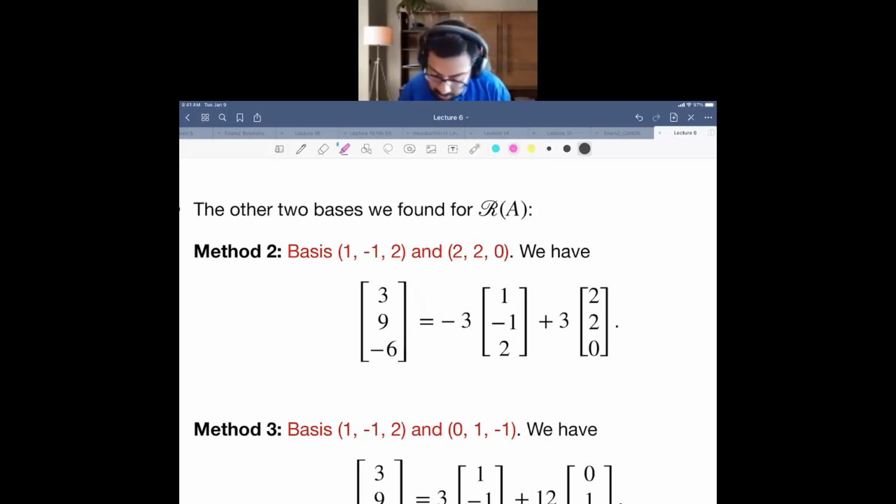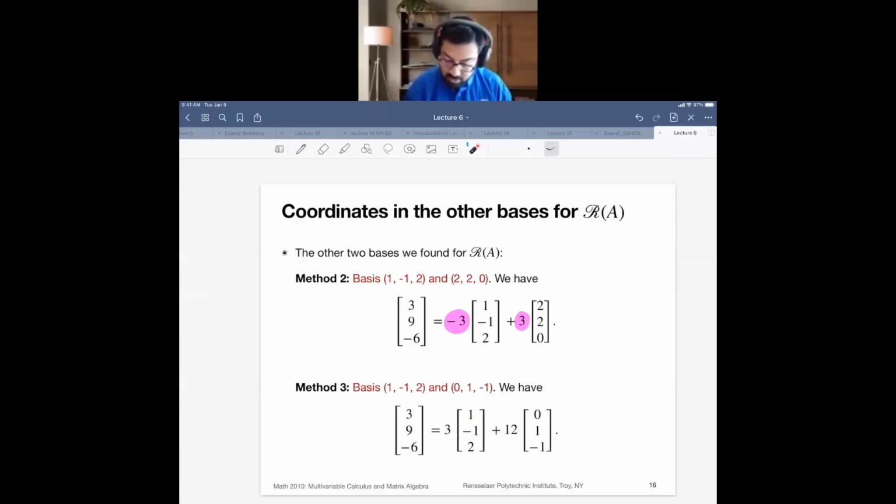Well, over here, you will get -3 and 3 as your coordinates. So when you take d1 times the first basis vector and d2 times the second basis vector here, you will be able to reach a B that belongs to the range of A, which makes these two guys your coordinates, different from the previous one, right?